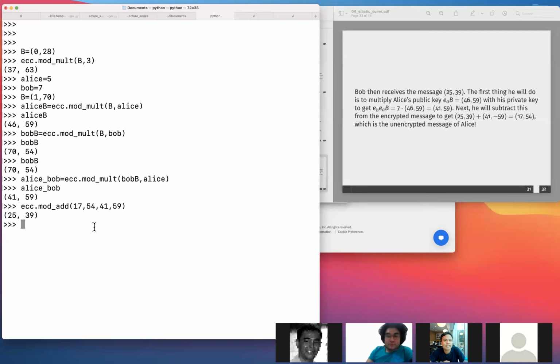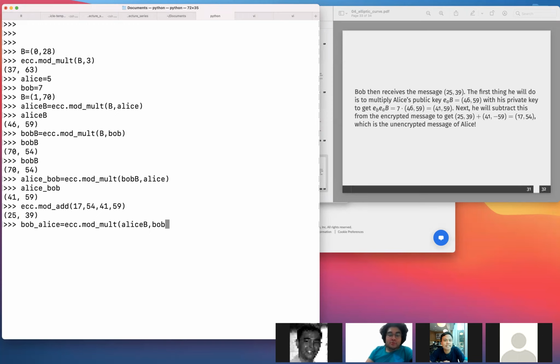The first thing he does is multiply his private key with the public key of Alice. So let's call that Bob Alice, equal to ECC dot mod mul of Bob's private key and Alice's public key.